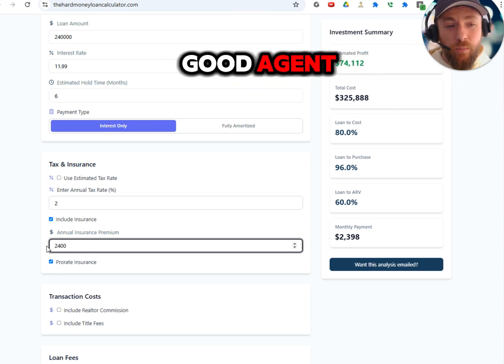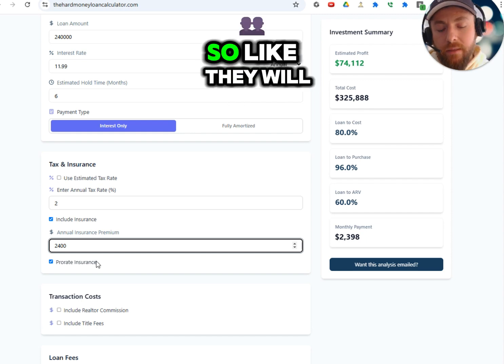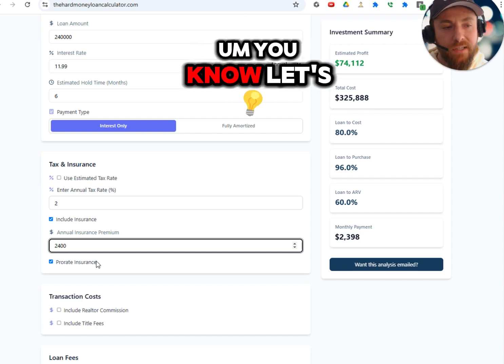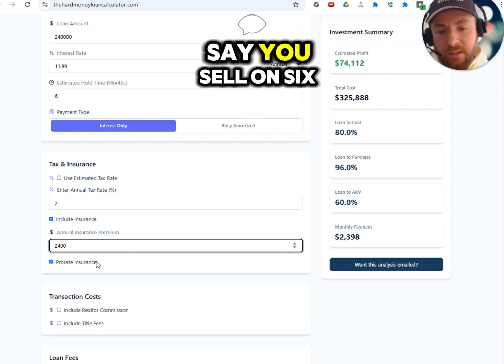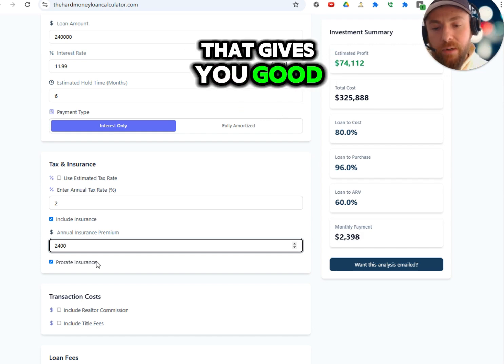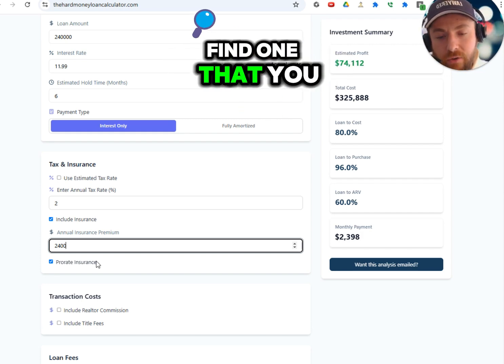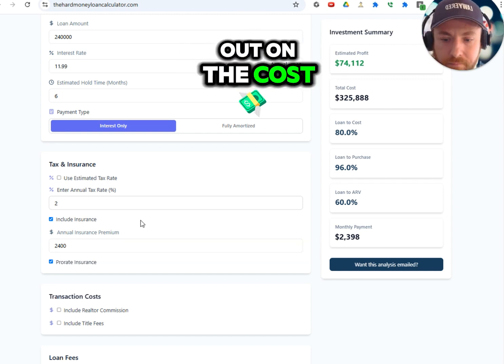If you have a really good agent, we've got good agent partners, they will prorate. So let's say it's a 12-month loan. You might get a 12-month premium, but then if, let's say, you sell in 6, they'll give you back the 6 months. So check with your agent, get a good agent that gives you good premiums, and find one that you can stick with, because over time they'll help you out on the cost.